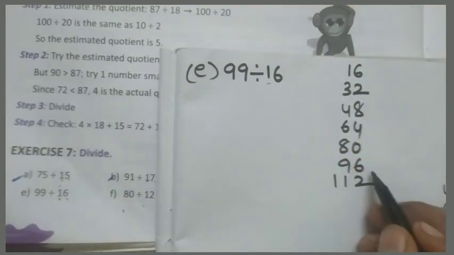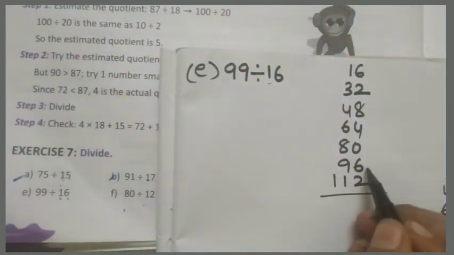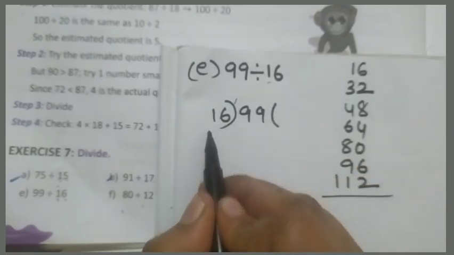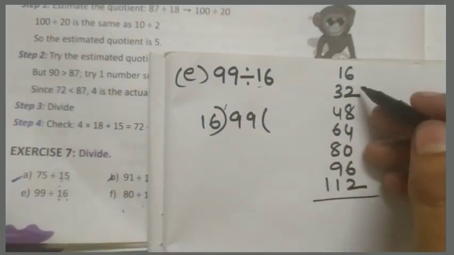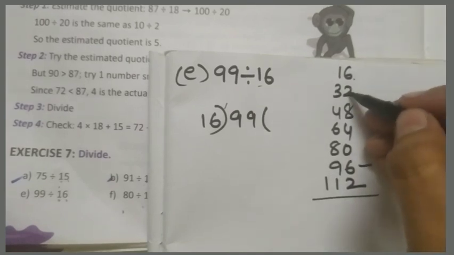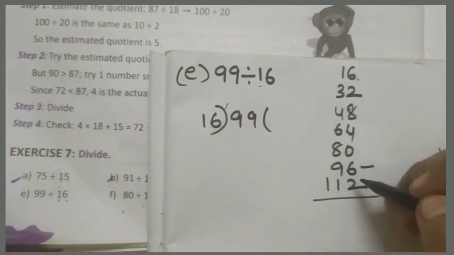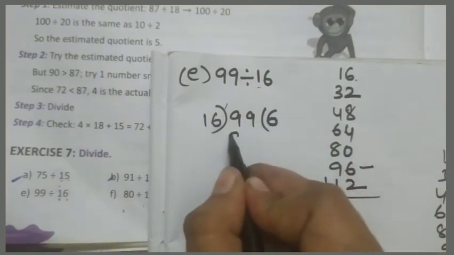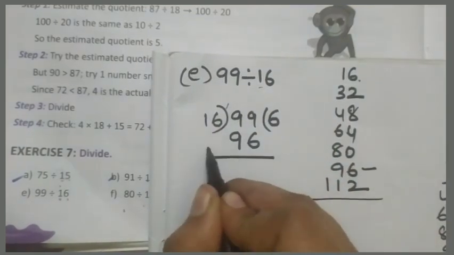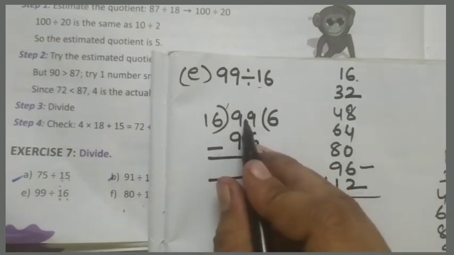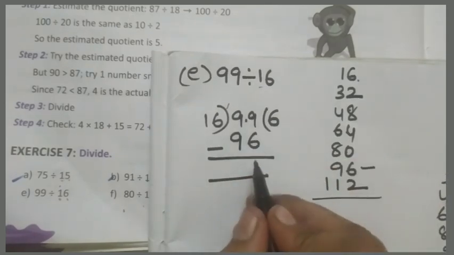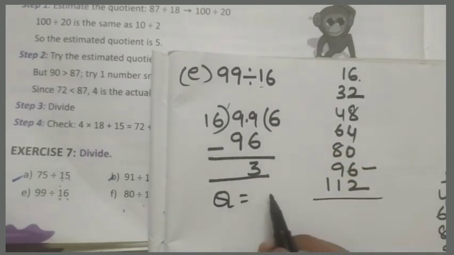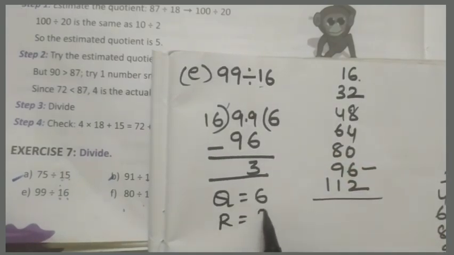Here 99 is there, so I stopped up to here. Now we'll do directly. 16 sixes are 96. Now subtraction: 99 minus 96 is 3. So we got quotient 6, remainder 3.